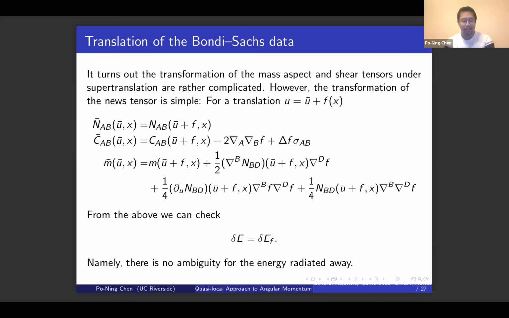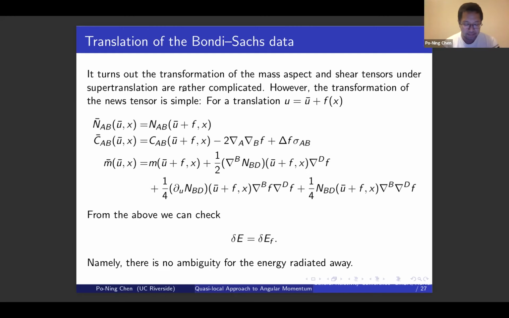So here we write down some of this. The news tensor transforms the simplest. The news tensor is just the news tensor evaluated at a different point. For the shear tensor, the main term is the shear tensor at u bar plus f, but you also have the trace-free Hessian of f appearing in C bar.